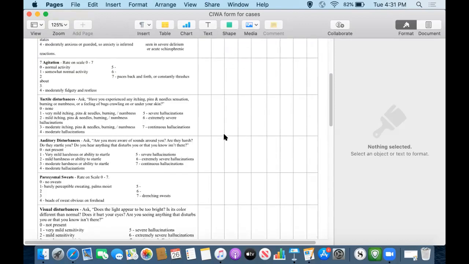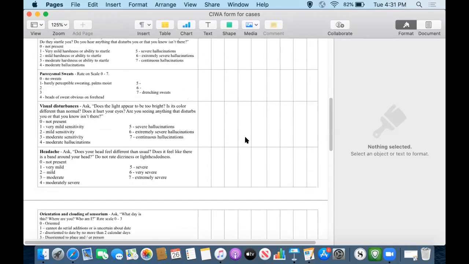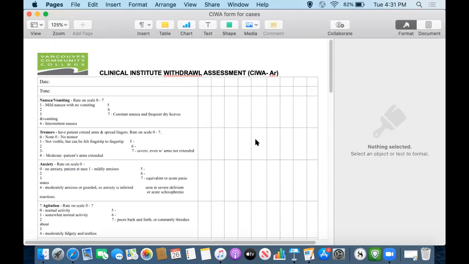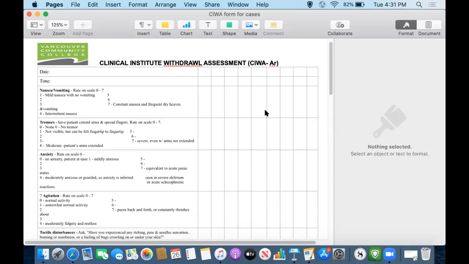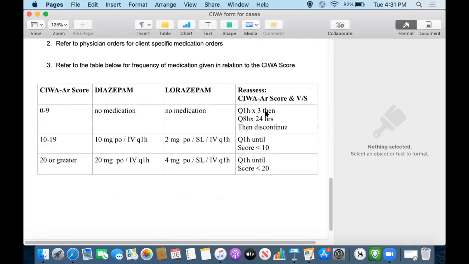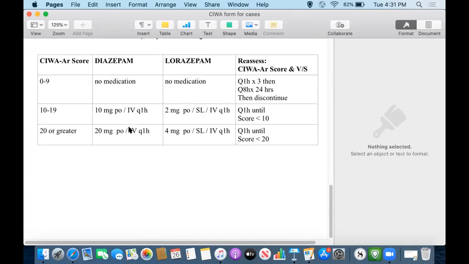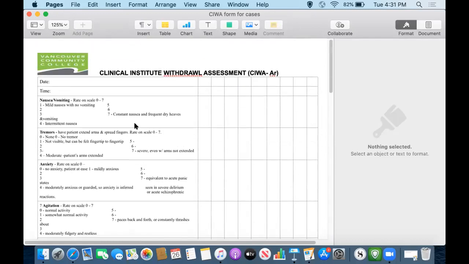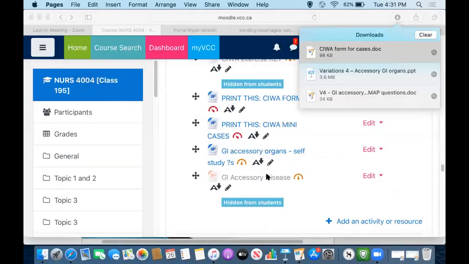So it's not a surprise that when you get certain scores on this form, the treatment is lorazepam or Ativan as a sedative, and the doc will decide what that is. So let's take a look at the cases now. I want to encourage you to try these cases on your own, and then we can talk about it at a later time.